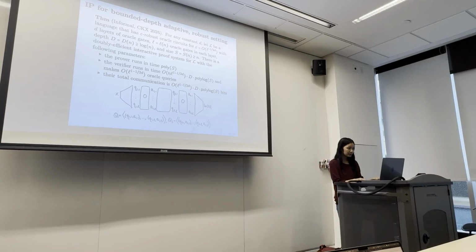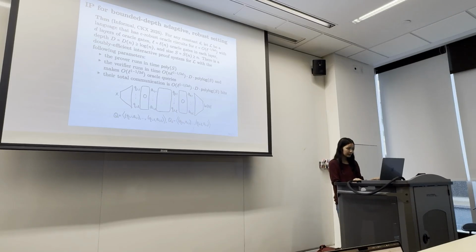Now we're going to be looking at interactive proofs for this bounded depth adaptive setting. D-bounded depth adaptive means that the oracle circuit is allowed to contain D layers of oracle gates.